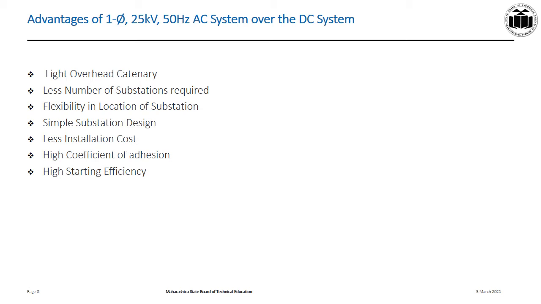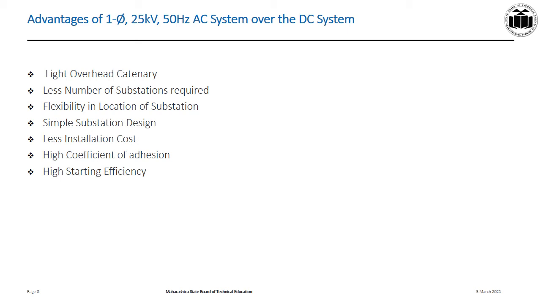But now Indian Railways has converted all DC traction into AC traction due to some of the advantages of AC traction over the DC. First advantage of 25 kV AC system is light overhead catenary system.